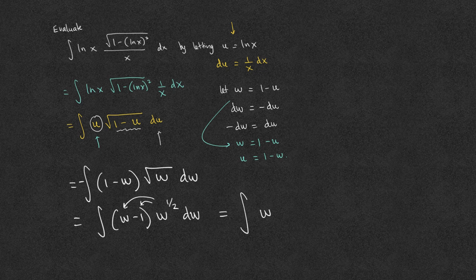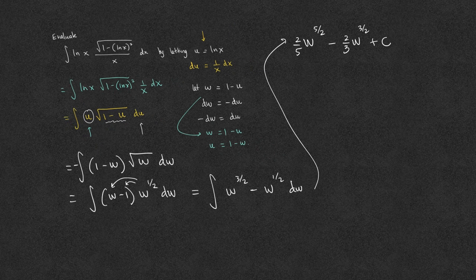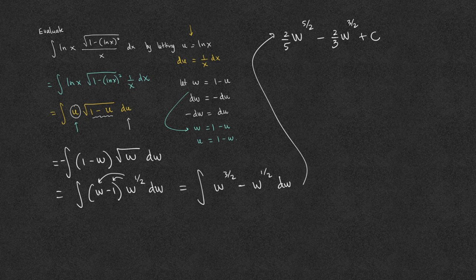We can now distribute this 1 half power. This is now w to the 3 half minus w to the 1 half, and we can use the power rule at this step. The antiderivative of w to the 3 half is w to the 5 half times 2 over 5. The antiderivative of w to the 1 half is w to the 3 half times 2 over 3, plus C. We need to substitute these back so that we end up with x.